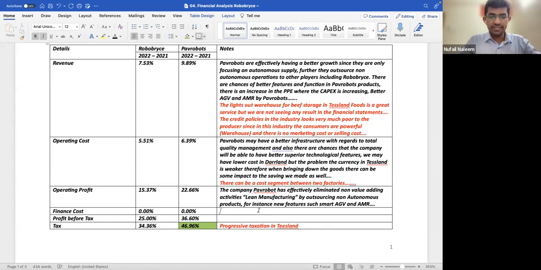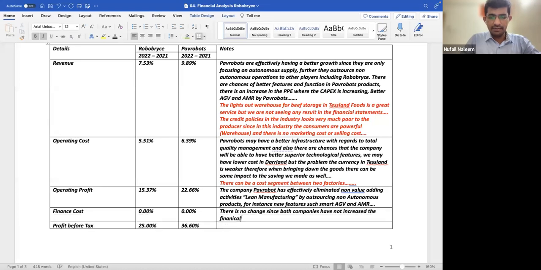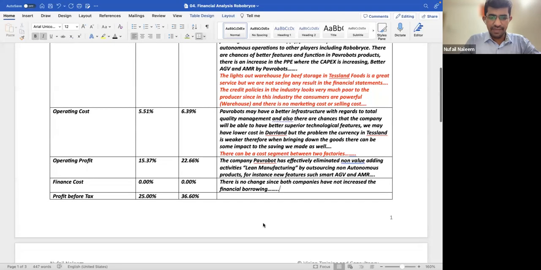So finance cost, students, there is no change, since both companies have not increased the financial borrowing. They're continuing as usual. And then, students, I'll write down the profit before tax.